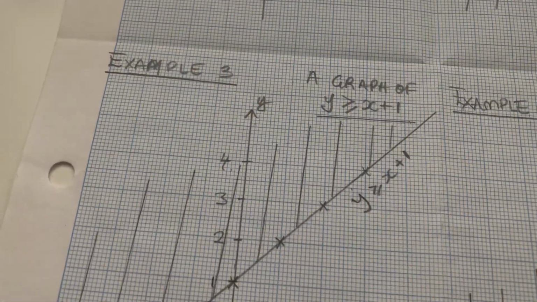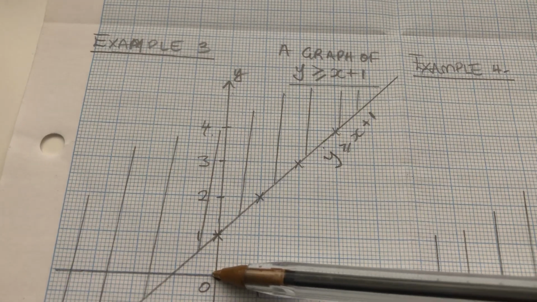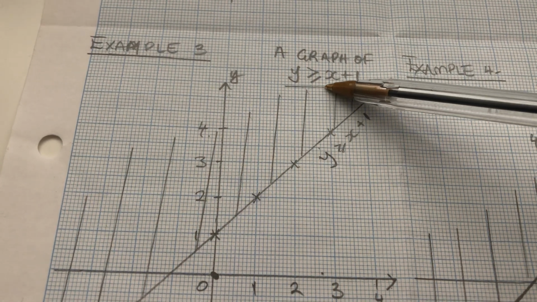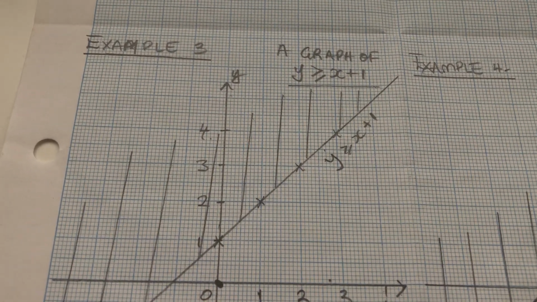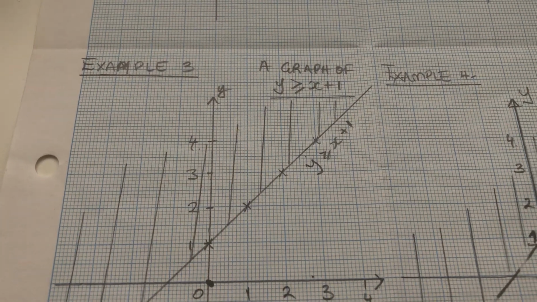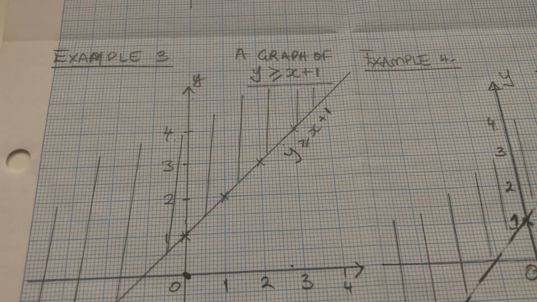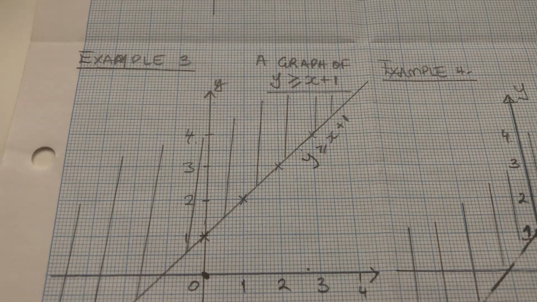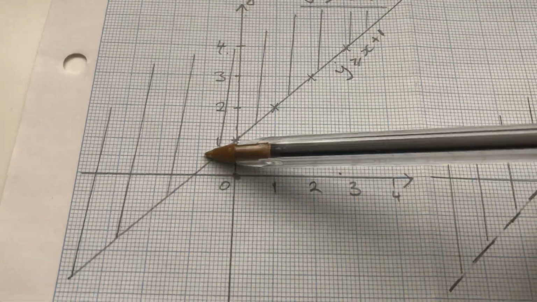Now, we used the origin to test y greater than or equal to x plus 1. We saw that is false because 0 is never greater than or equal to 1. It will never happen. So because of that, our region is upward.